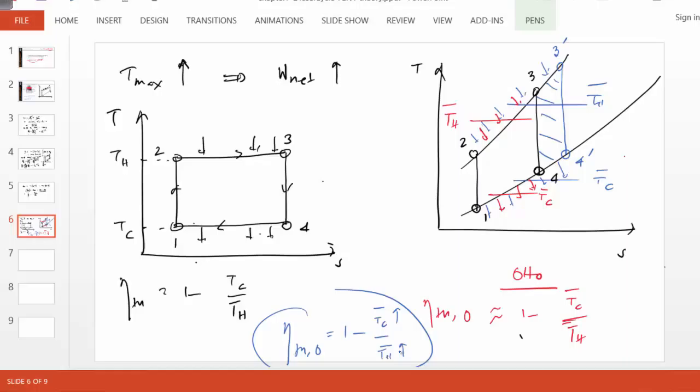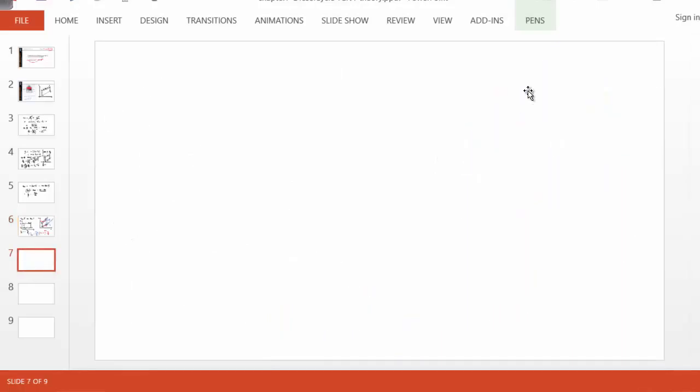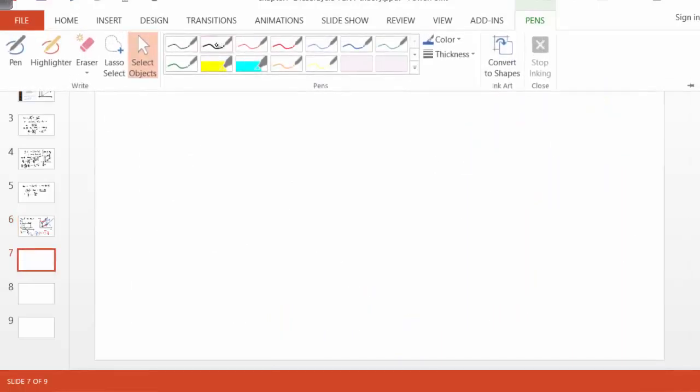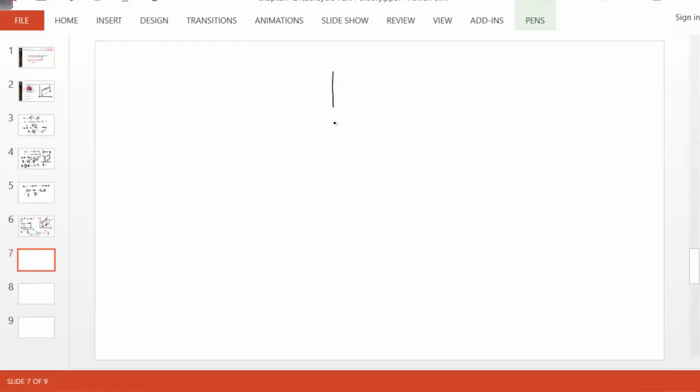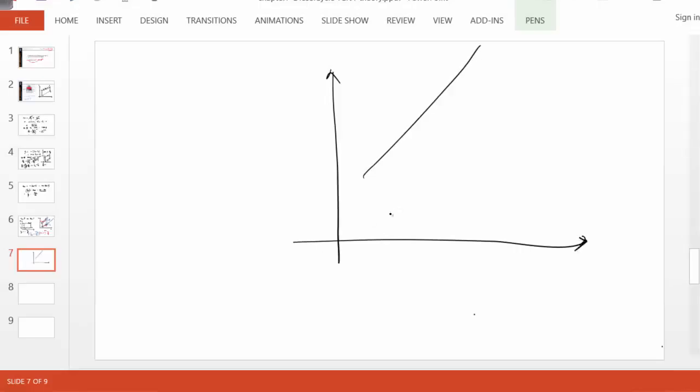And I want to show that to you by another what-if experiment. Suppose we say in an Otto cycle again, the compression ratio is increased without changing the maximum temperature. So let's draw the cycle in black first. So again, it's an Otto cycle, and this time, this is a red cycle, let's call it.